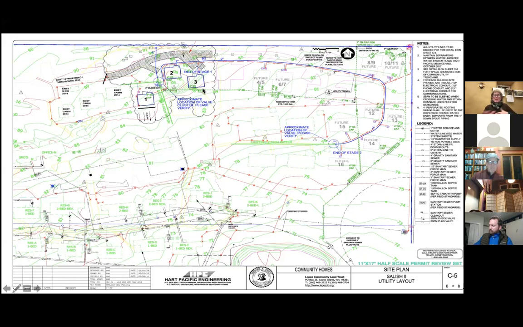Because we're disturbing so much ground, you want everything you do to mimic the way that water sheets across land before you got there, so that it has time to slow down, to percolate, and to not cause a lot of erosion.